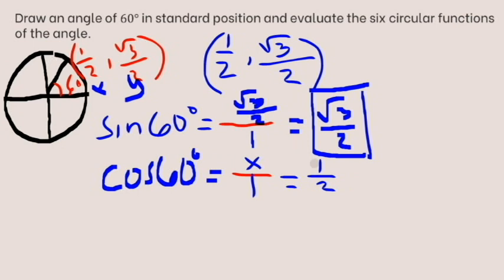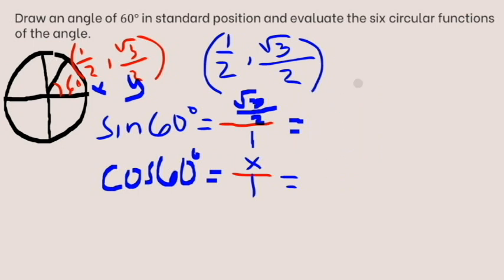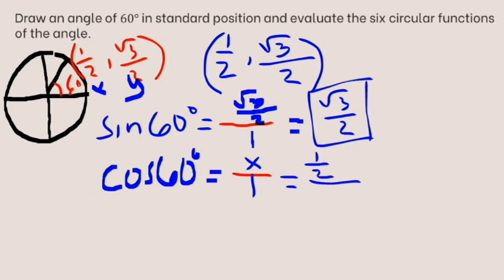No, wait. Square root of 3 over 2. And here is 1/2 over 1. So simplify this as 1/2. Therefore, our cosine now is 1/2.